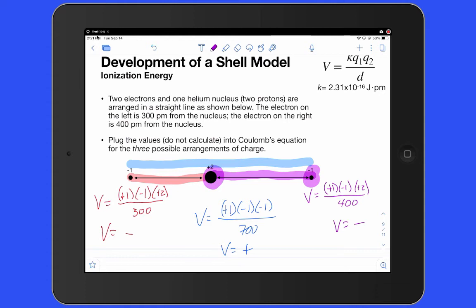What's the second reason? The charges. It's a +2, -1 versus -1, -1. So the attraction is greater for two reasons. You have a larger positive charge, as well as the electrons are closer to the nucleus than they are to each other.